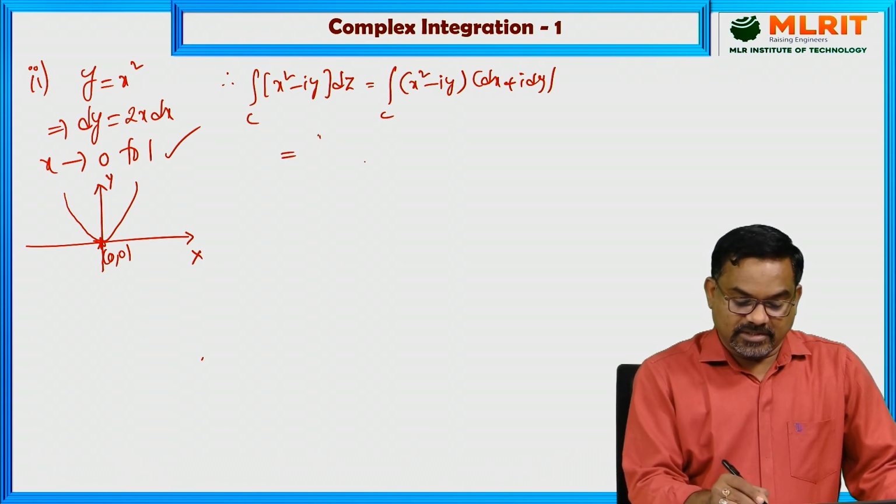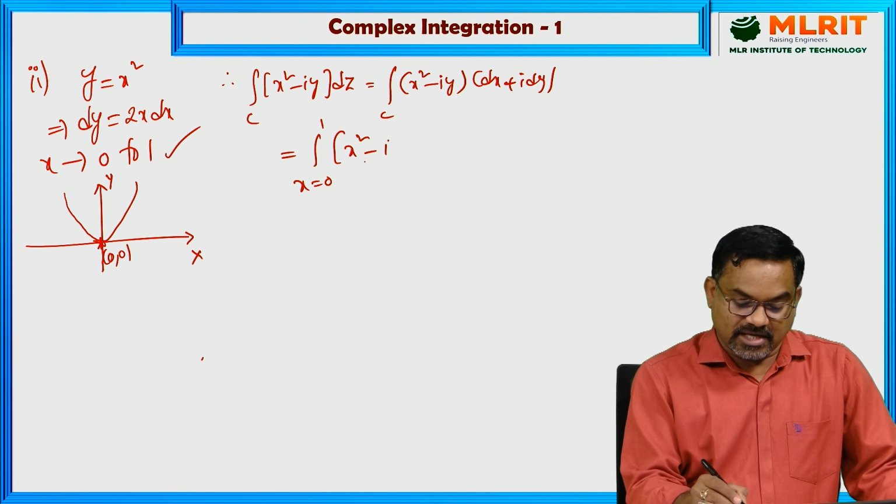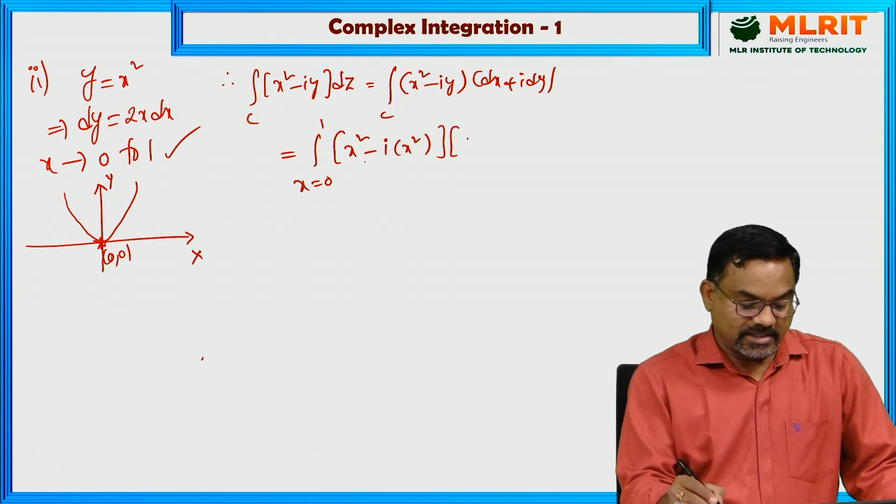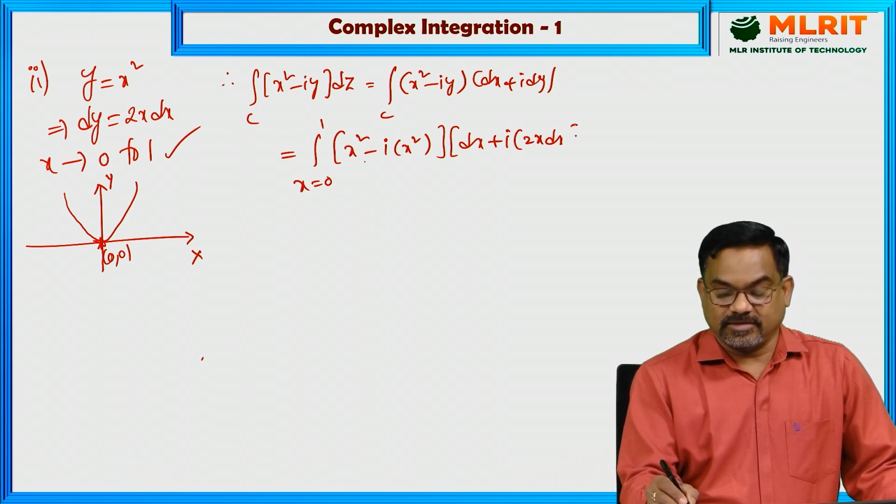So this is along x from 0 to 1, x square minus i into y, which is x square again, into dx plus i into dy, which is now 2x dx.